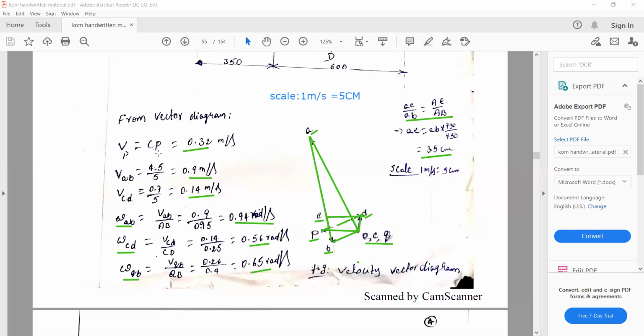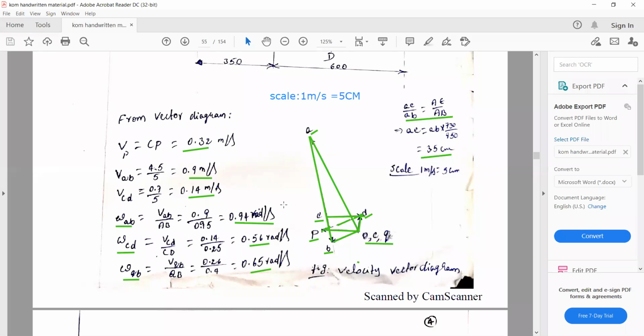Angular velocity of the link, velocity of our bell crank lever, that CP is there already, and angular velocity of bell crank lever DCP. So when we know our CDP, that CDP is there. So this value is, okay, angular velocity of CD is there. So that is the angular velocity.